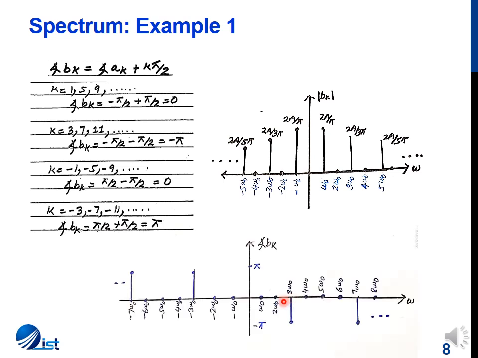For the phase spectrum, we see that for 3ω0, 7ω0, similarly 11ω0, and so forth, will have a phase of minus π, and for negative frequency, minus 3ω0, minus 7ω0, minus 11ω0, and so forth, will have a phase of π radians. Again, we observe the symmetry properties of the Fourier transform are true in this case because the magnitude spectrum is even symmetric and the phase spectrum is odd symmetric.